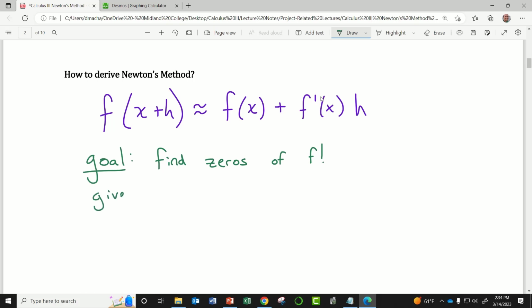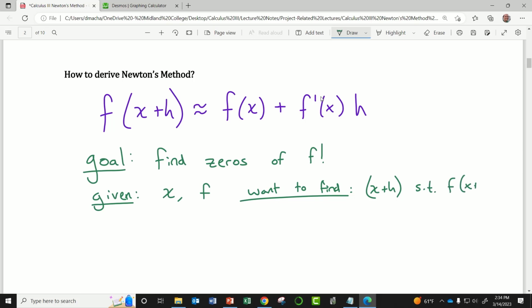So if we happen to be given x and my function, what we want to find is an h value, or more specifically a value x plus h, such that f of x plus h is equal to 0, right? That would sort of tell me where the zeros of my function are. I just know that 0 exists at x plus h. And so ideally, this is what I'm trying to look for: f of x plus h equals 0.